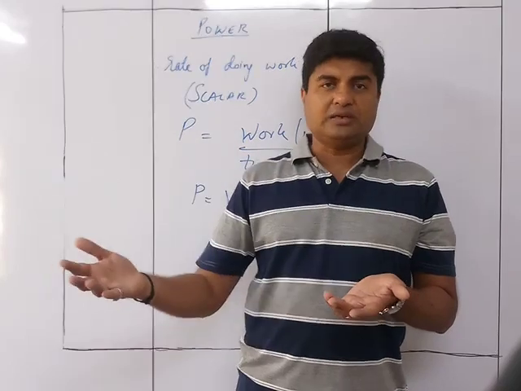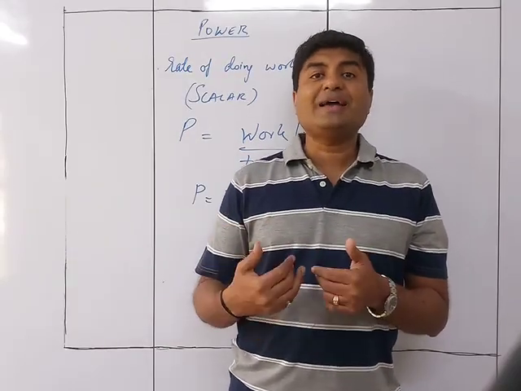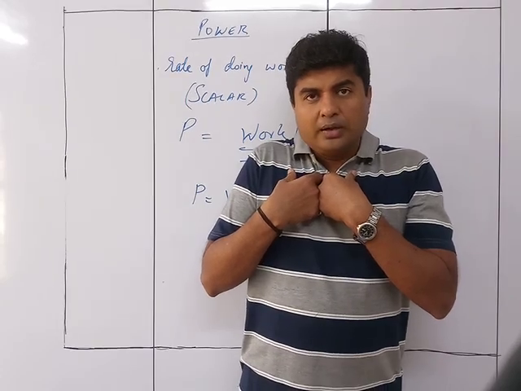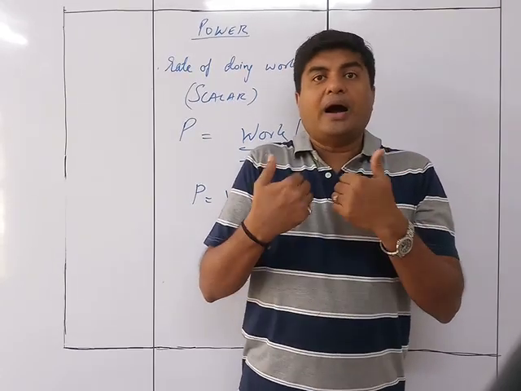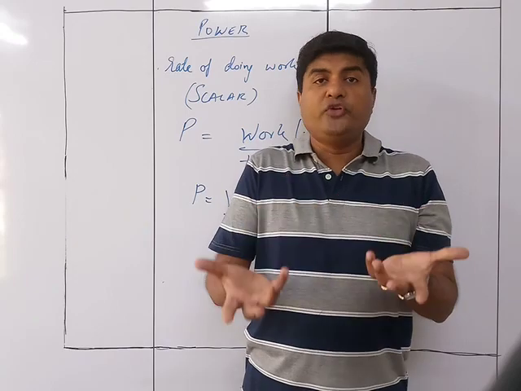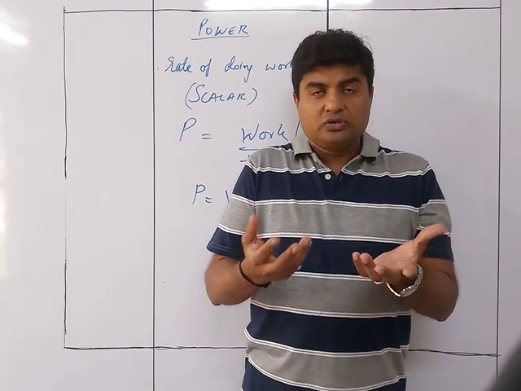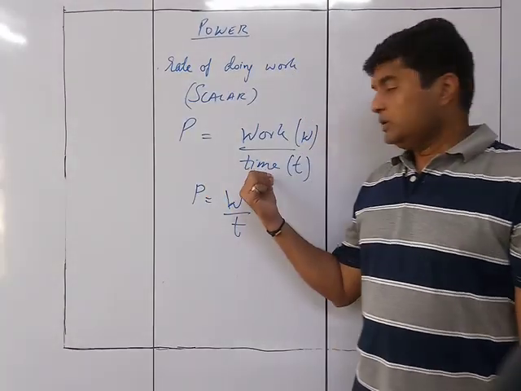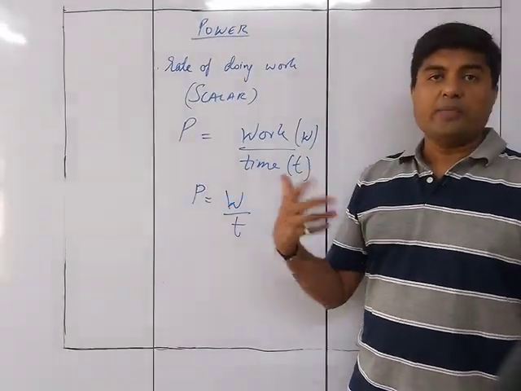If I am reaching faster, I have utilized more power. May not be my own muscular power, as in the case of cycling, but I have used more power in the form of fuel. So that's why the power required will be more or less depending upon the time taken.